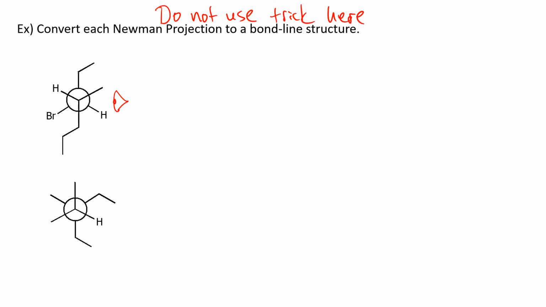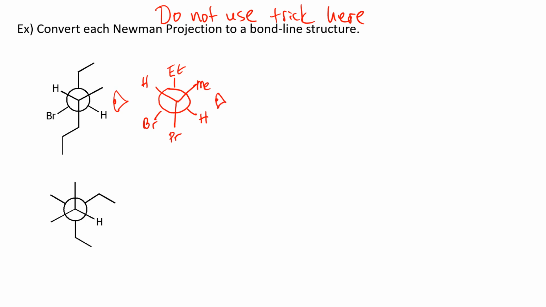All right, so if we're looking at from the left, it may be a little bit easier if we convert our Newman to something that looks a little bit simpler. So I'm going to just make that a methyl, ethyl, that's a propyl, our hydrogen, our bromine, and our hydrogen.